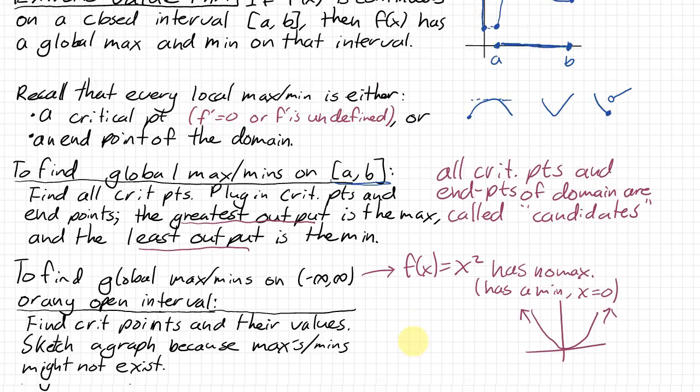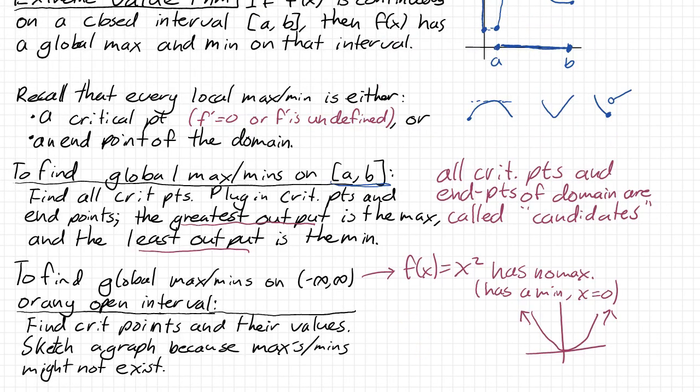To find a global maximum and minimum when you don't have that kind of interval, when it's not a closed interval like that, then you have to find the critical points and sketch a graph. And in order to sketch a graph, you might need limits, or you need to know something about the shape of it.